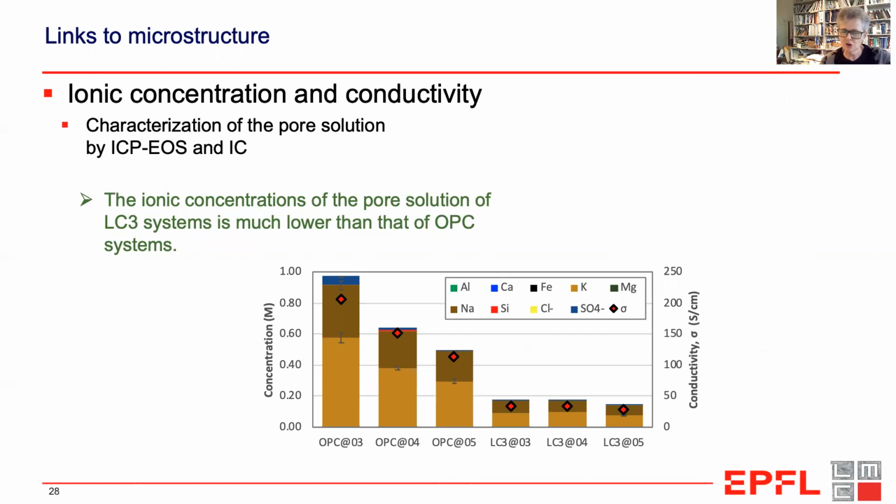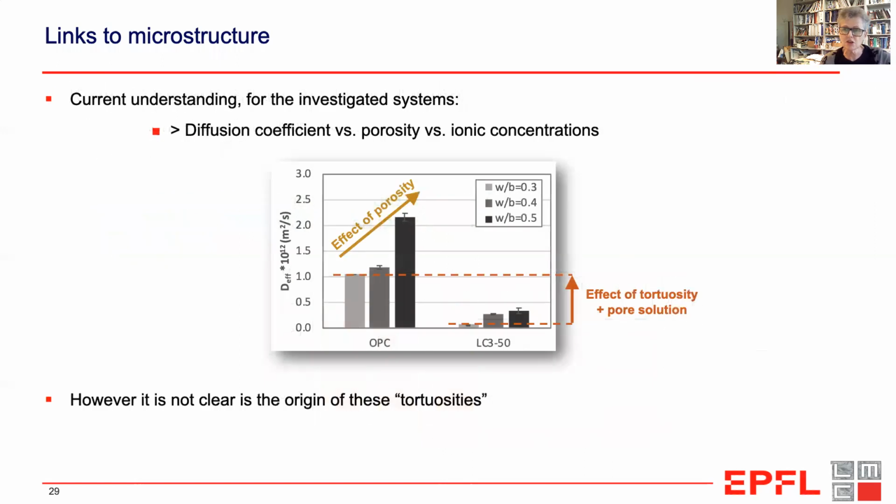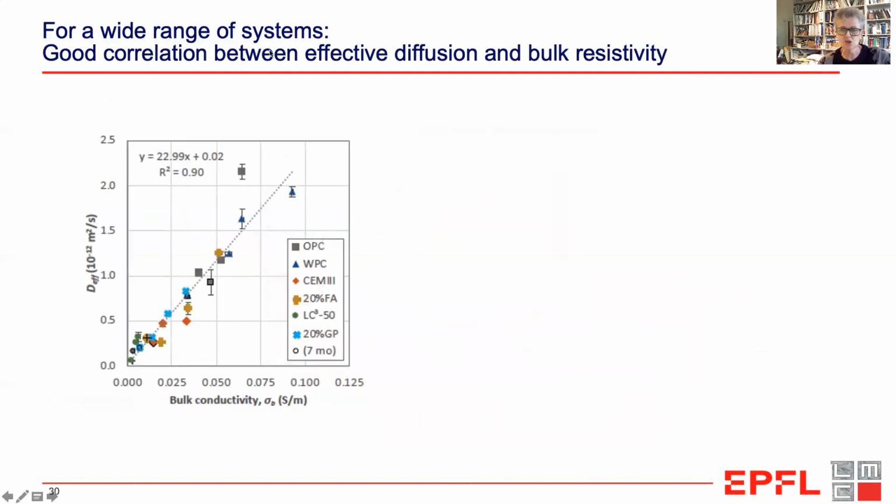Now, I've got quite limited time, so I can't explain all the work we did, because overall we looked at many, many systems. These are all shown in this graph here. So we've got water cement ratio as a variable, we've got Portland cement, we've got white cement, we've got slag cement, we've got fly ashes, we've got things with glass powder.